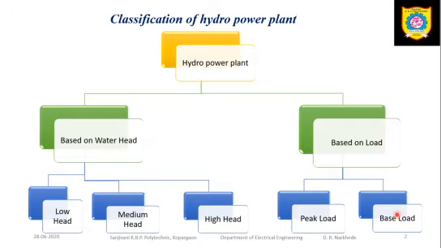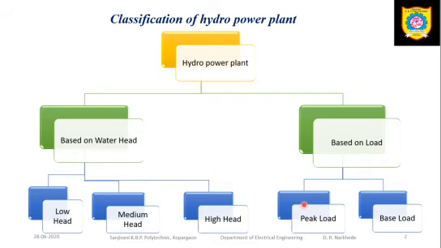Now what happens in India? We have very limited base load plants as water availability in India is a major problem. So most of our power plants are peak load plants. In peak load plants, the power plant is operated to meet the peak demand; then it is called a peak load plant. In general, pump storage power plants are peak load plants.